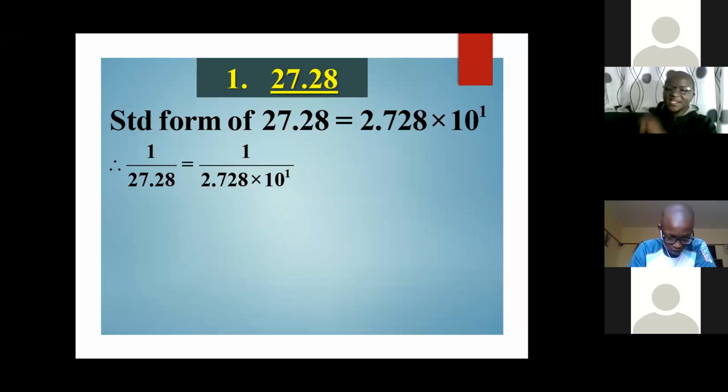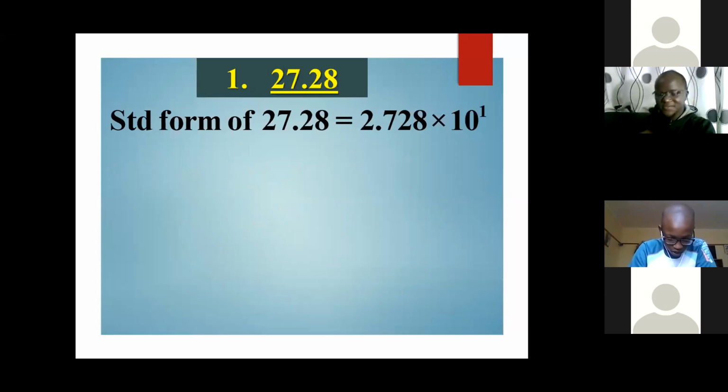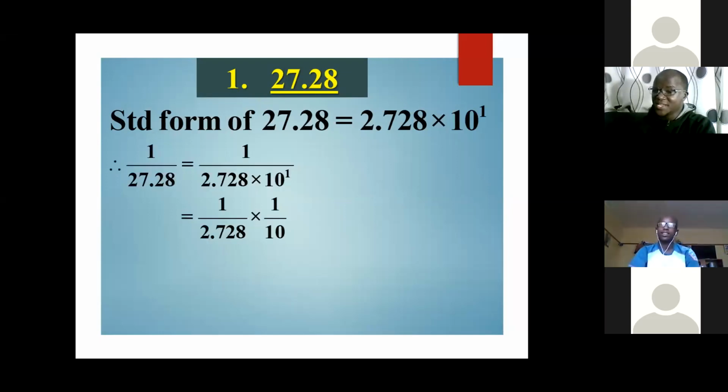It is the same thing if someone tells you 1 divided by BC, 1 over BC can be written as 1 over B times 1 over C. It is the same thing that I'm doing here, assuming 2.728 is B and 10 raised to power 1 is C, just split them out.